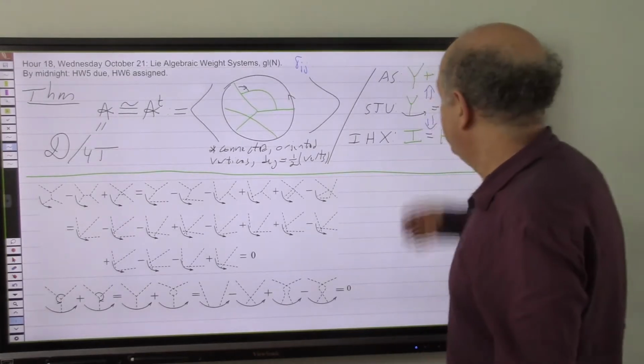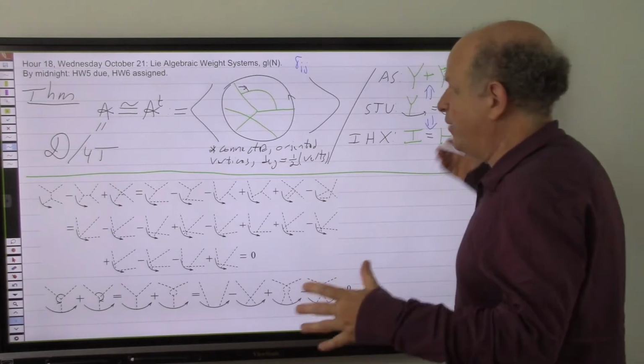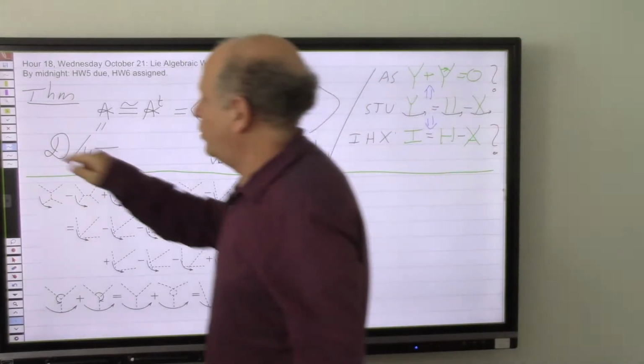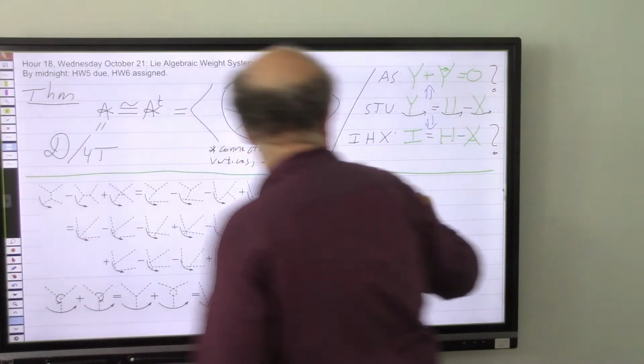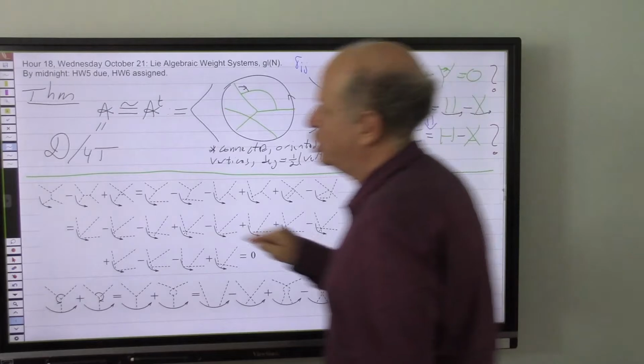So suppose you want to prove IHX. You have a big diagram, and somewhere inside it, there is an IHX combination.